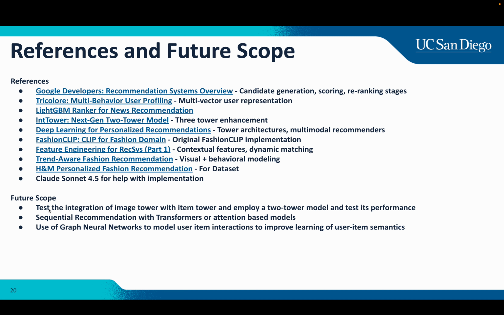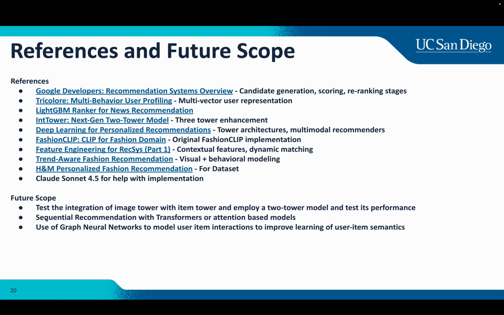So I could not use the image tower along with the item tower and build a two tower model and test its performance due to computational constraints. But this again is a great idea. I used the image tower separately without the item tower because I wanted to understand how much of an impact the image embeddings make.